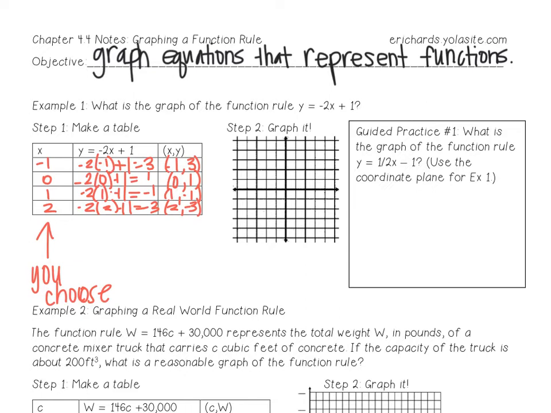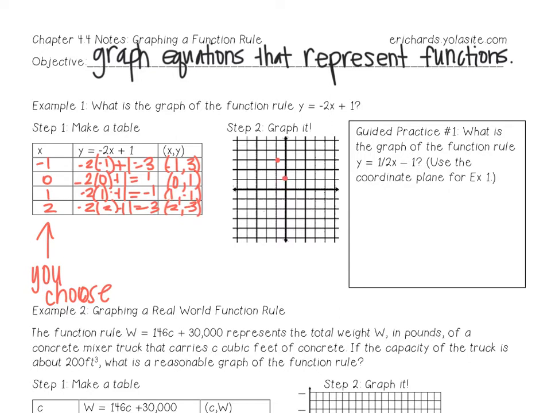The first point, negative 1, 3, I'm going to start at the origin and go left 1, up 3. The next point, 0, 1, I'm going to go left to right 0, and up 1. Put a point.